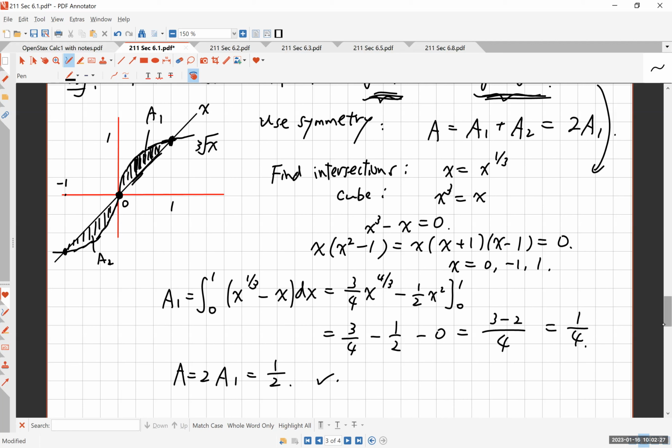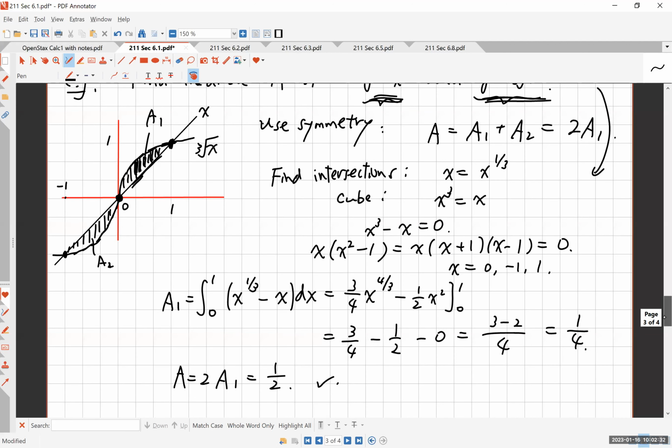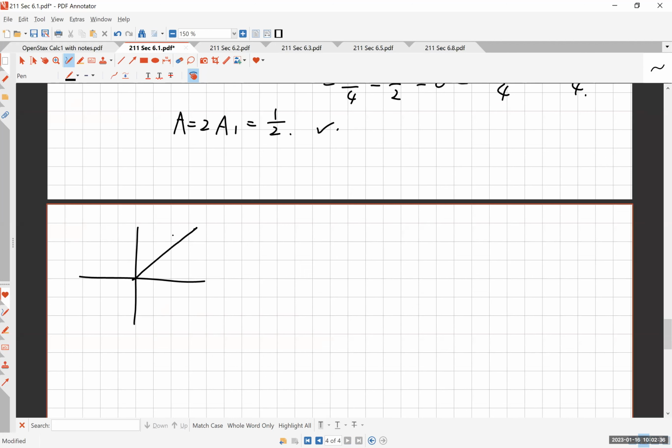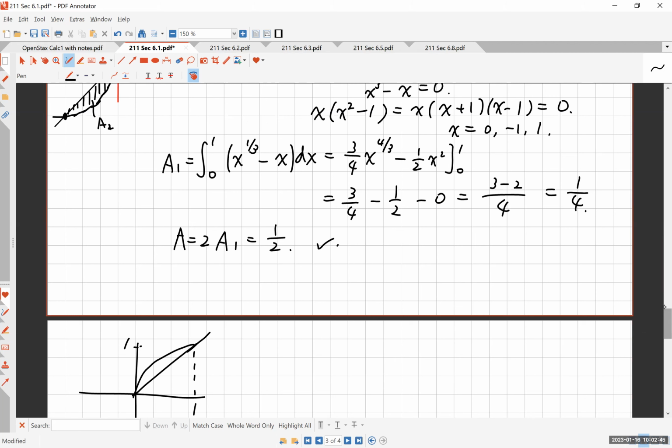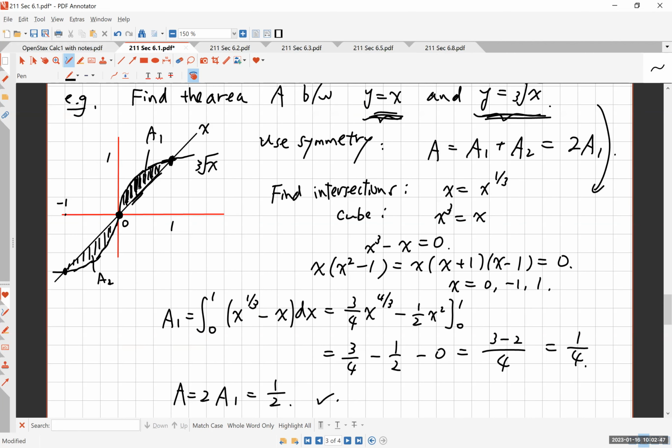Okay, so that's using x as your independent variable and variable of integration. But we have also learned to do this using y, right? So let's go ahead and do that too. Now, if you took x as your independent variable, you are integrating in this fashion.